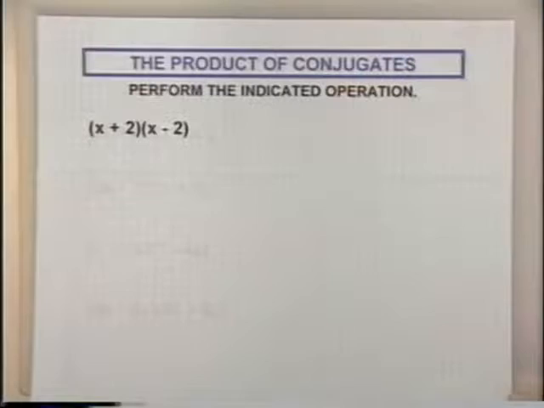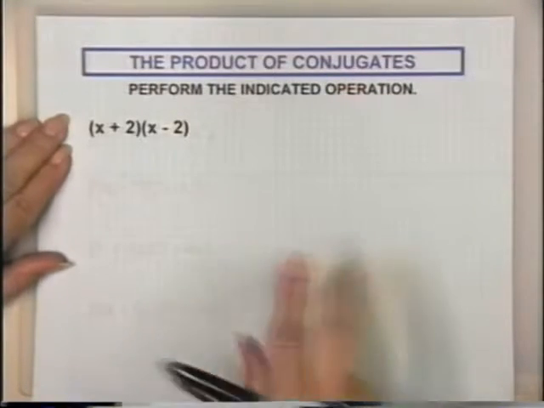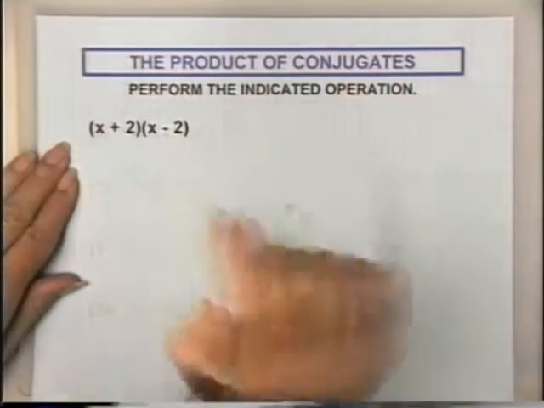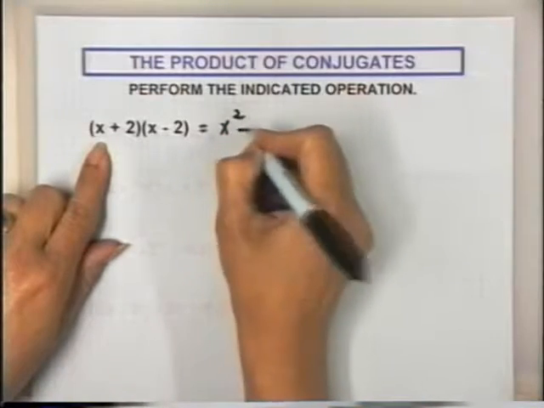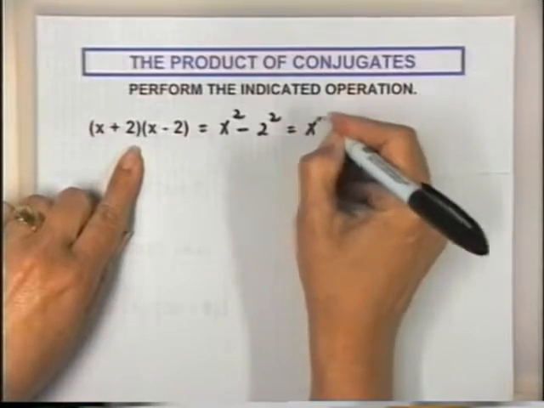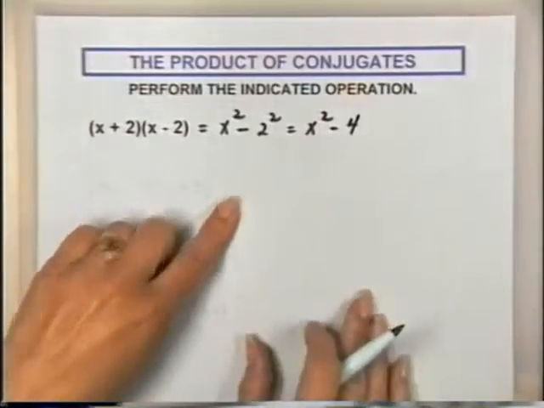Perform the indicated operation. The indicated operation is multiplication. I notice that I am multiplying binomial conjugates, so I know that I may square the first term, subtract the square of the second term. I will have x squared subtract 2 squared, which is 4.